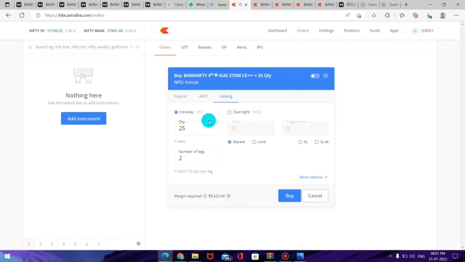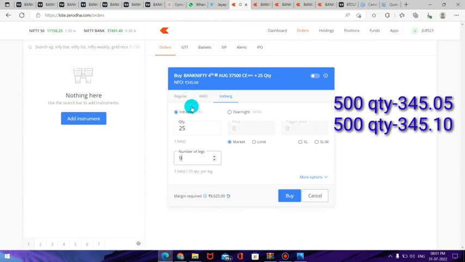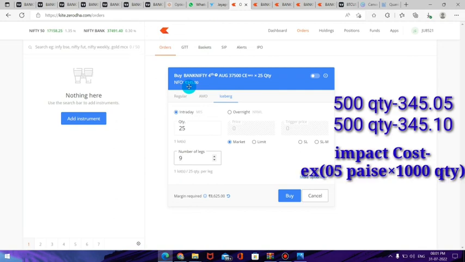So when you are taking a huge quantity and trading with the iceberg option, every leg of the iceberg option will execute as a market order at the same strike price at the current market price. Even if you are trading with 10 legs, they will execute at the same price. If a market order is taken at 345.10, then every leg and every quantity will be taken at 345.